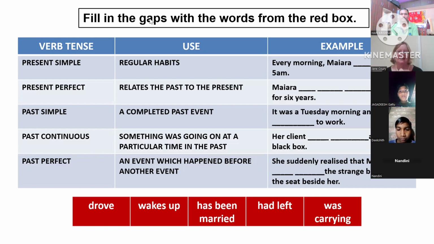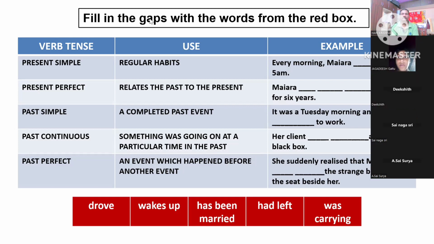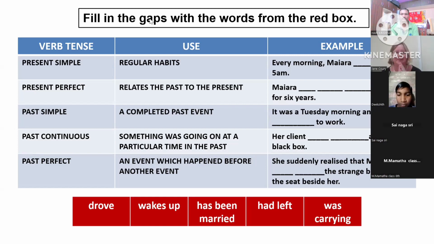Now, what about the next one? Present perfect, which relates the past to the present. Has been married for 6 years. Excellent. Very good. The next one, past simple. So past simple, we talk about a completed past event.